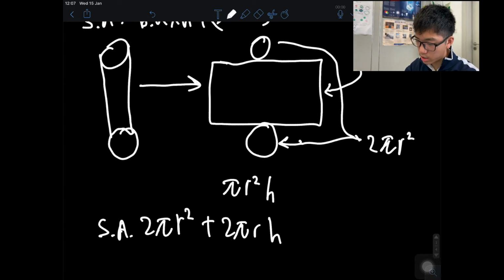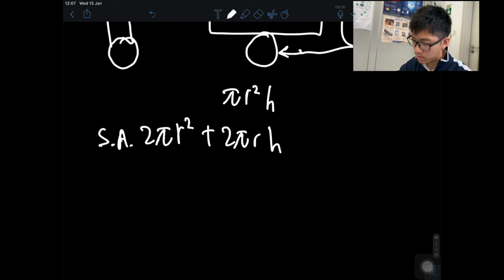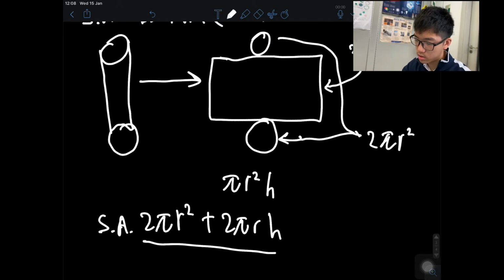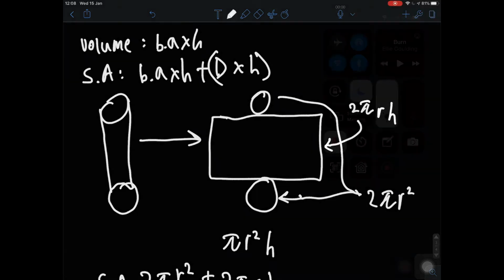And then we add the area of this rectangle here, which of course is 2 pi r times the height. So when we add these together, what we get would be something along these lines: 2 pi r squared plus 2 pi r h. And here we have the volume and the surface area.